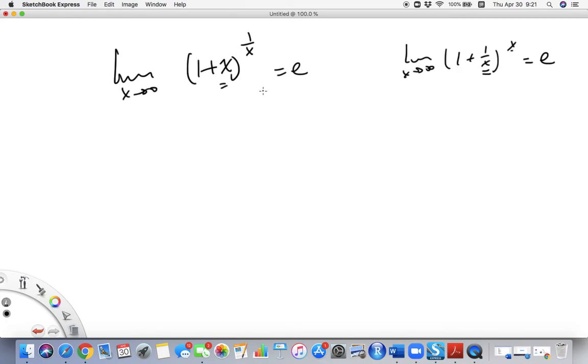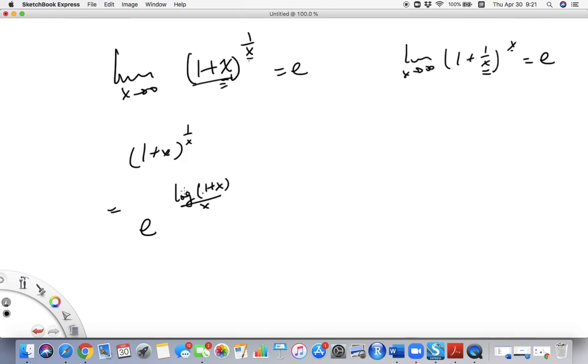But how do we prove that? Again, we have x in the base and in the exponent. So whenever you see something like that, a common trick is this. You'll write this as e to the log of 1 plus x over x.